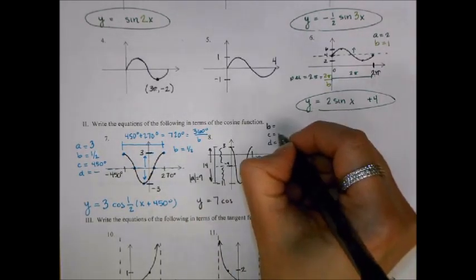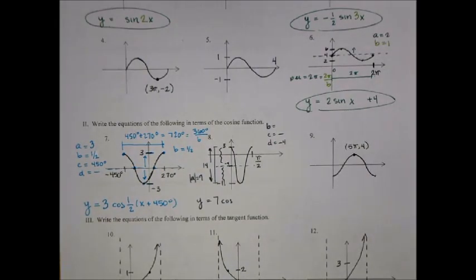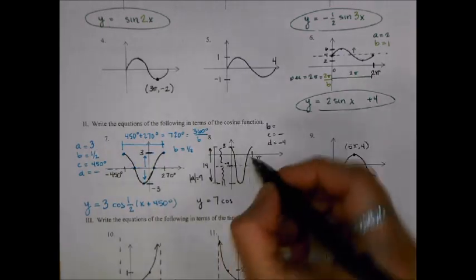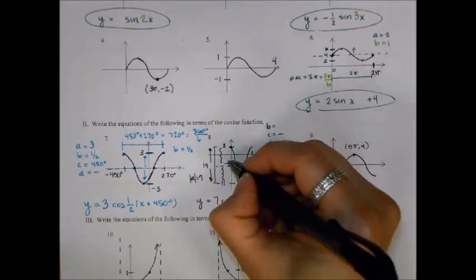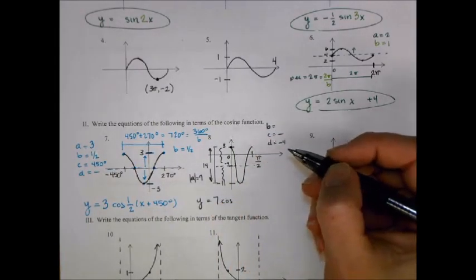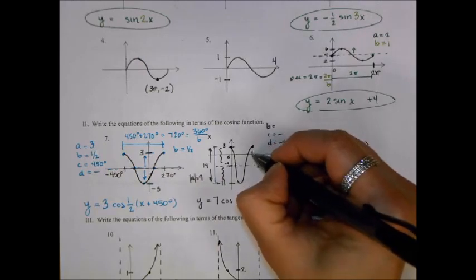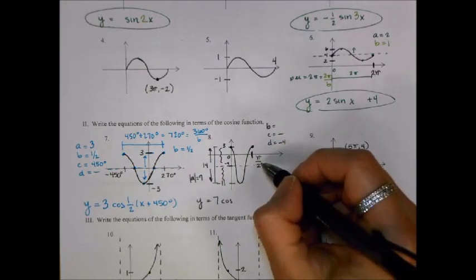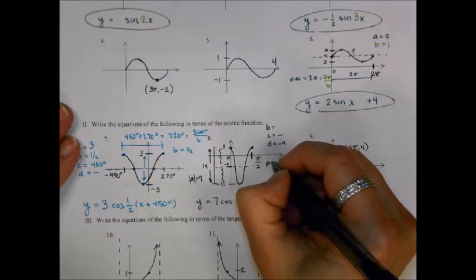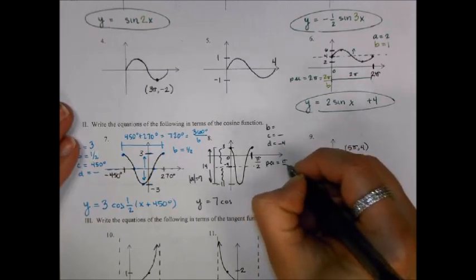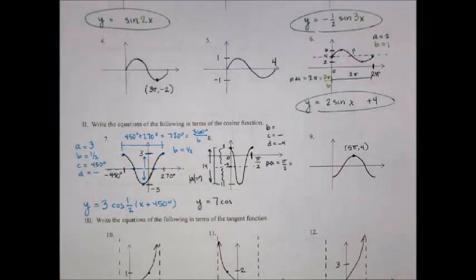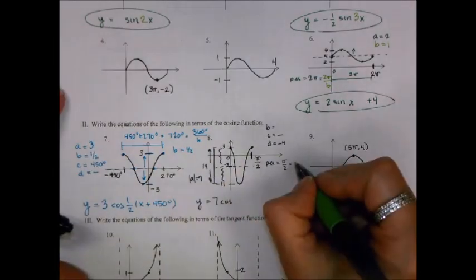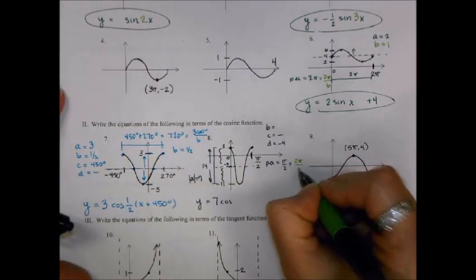And then the B value is affecting the period length. So starting here on the y-axis with an x value of 0 to here where we have an x value of pi over 2, the period length there is pi over 2. So we'll set that equal to the formula for period, 2 pi over b, and solve here.